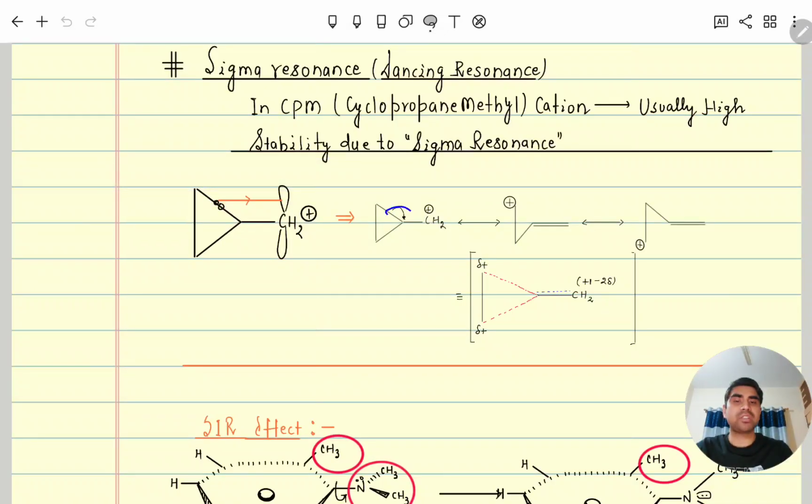As this electron moves, you can see one resonating structure, this is another, this is its hybrid. So in the cyclopropane methyl cation, when a sigma electron moves to the vacant p orbital, this is called dancing resonance or sigma resonance.